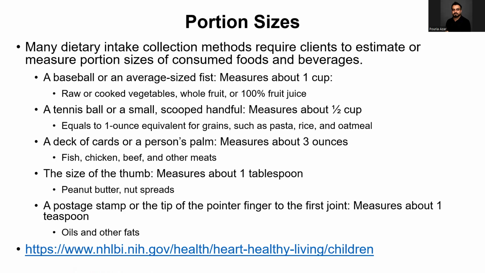For example, for raw or cooked vegetables, or whole fruit or fruit juice, we use 1 cup. For a 1 ounce equivalent for grains such as pasta, rice, and oatmeal, we use half a cup, and so on and so forth. I also provided a link here so you can explore that further.